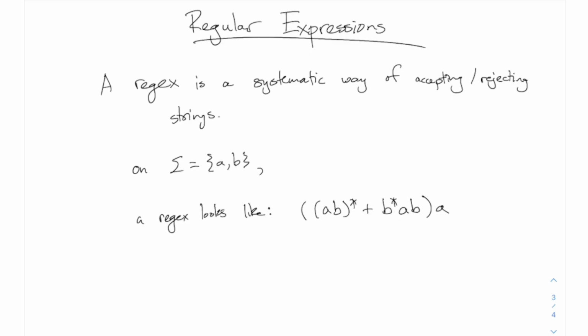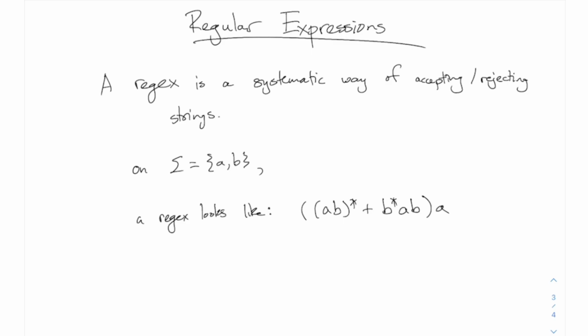Now, if you are familiar with regular expressions in real-life coding languages, the notation is sometimes different. The star is used when you see a star in a regular expression, say in a real programming language, it means what I mean by star. The plus is used differently. When we write a plus, usually in a programming language, regular expressions use the pipe, the vertical bar. But anyway, this is what a regular expression looks like. And because I know something about regular expressions, I can just look at that and tell you what strings this will accept and what strings it will reject.